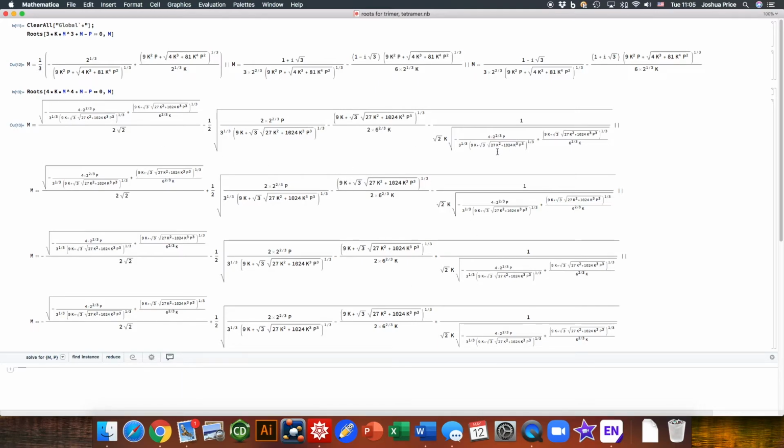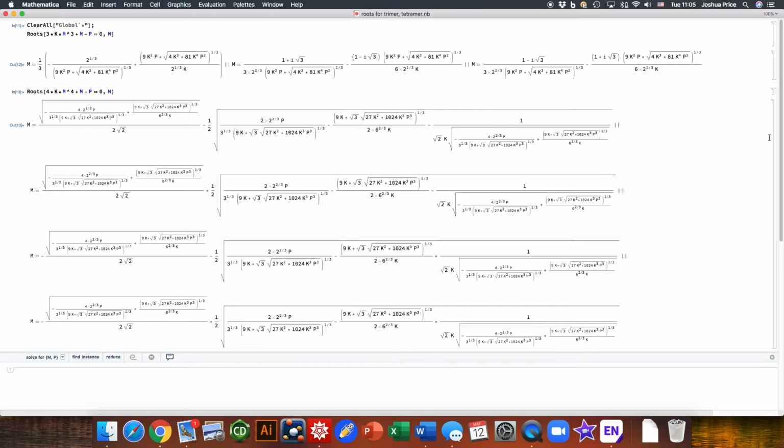It looks like they're all real, but it's possible for some values of k and p, some will be imaginary. In addition, we don't know whether these numbers are going to be positive or negative. We would discount any roots that are negative because you can't have negative concentration, and we would discount any roots that are imaginary or complex because concentration has to be a real number.